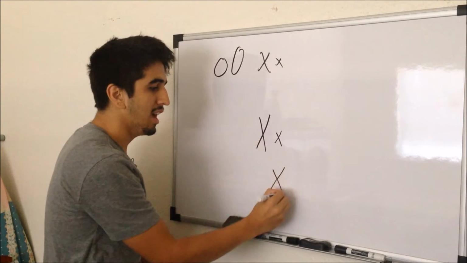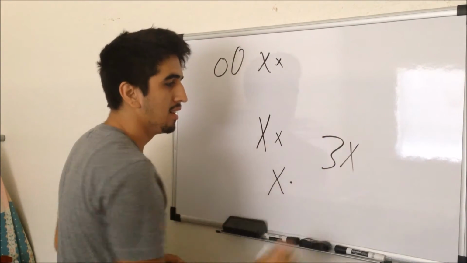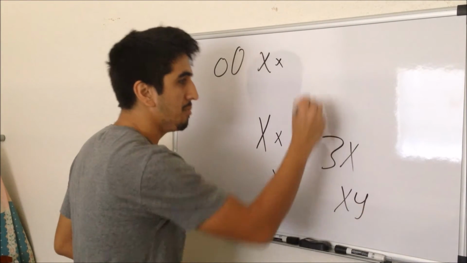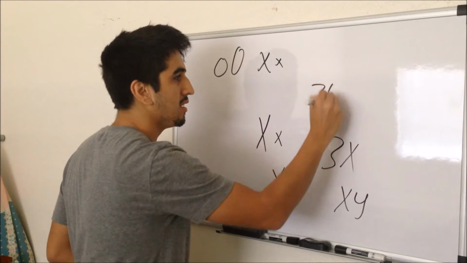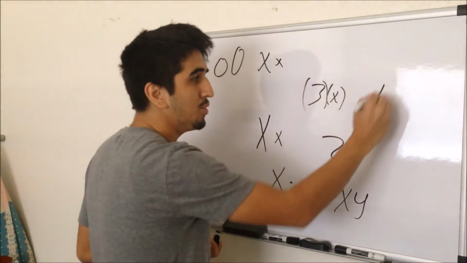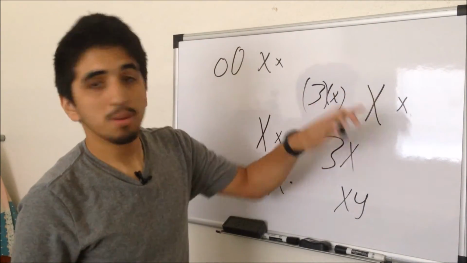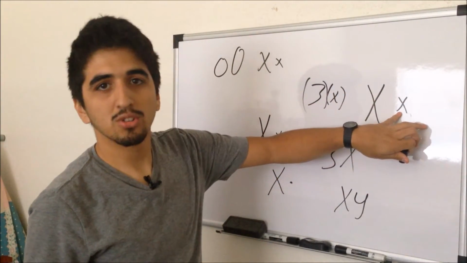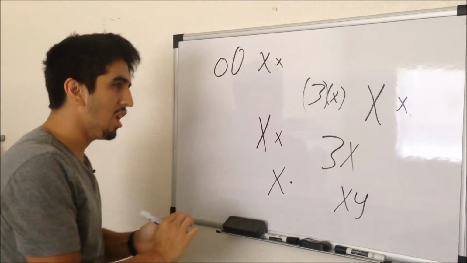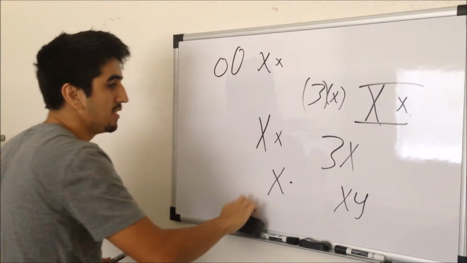We may put a dot, we may put a coefficient at the front, we may add another letter, we may put parentheses. But if you ever end up writing your x's like this, just remember the rule: try to put your operator in the center of the top and the bottom of this imaginary line.